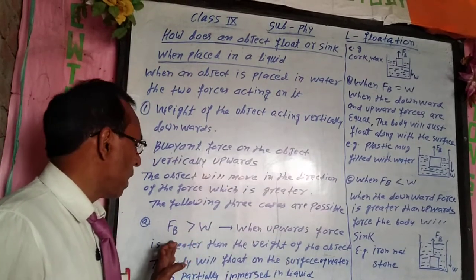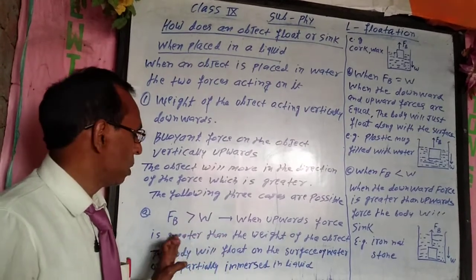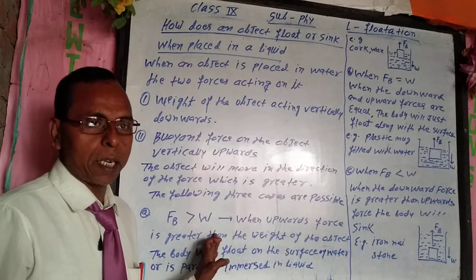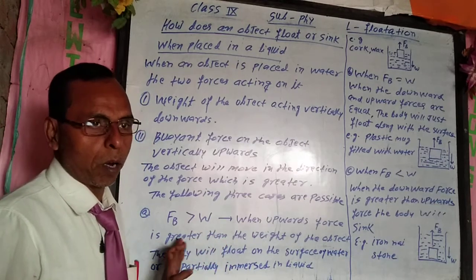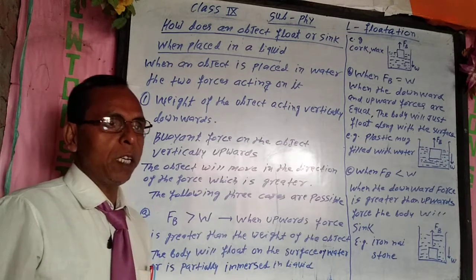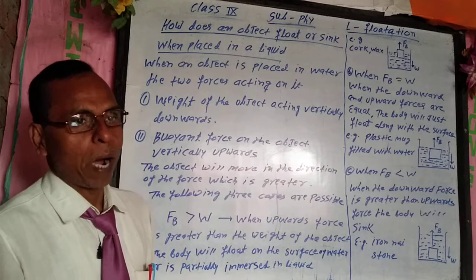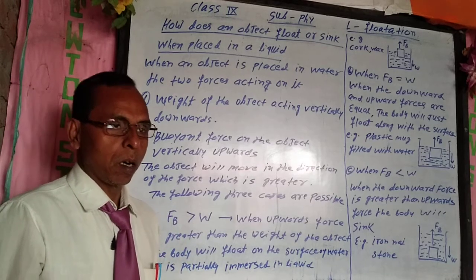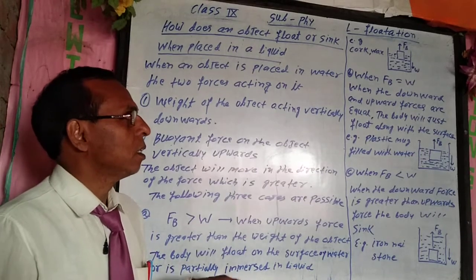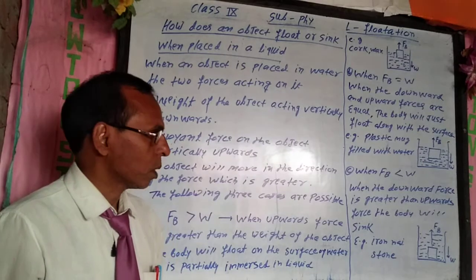When buoyant force is greater than the weight of the body, the body will float on the surface of water or is partially immersed in water, which is clear from the figure.